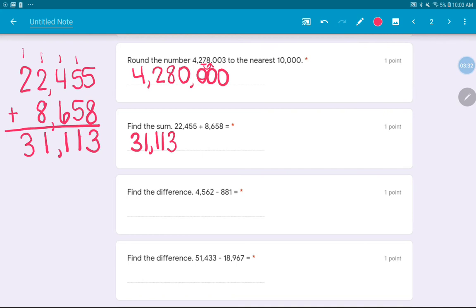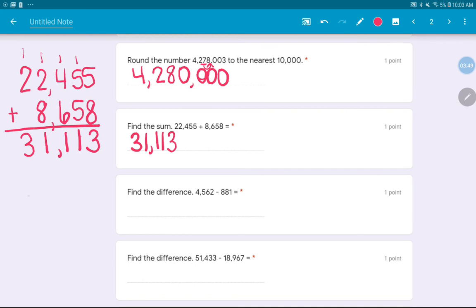We're not multiplying, we're finding the difference, so we're subtracting. How are we going to do that, Christopher? We're going to subtract. Okay, so what do I do? How do I solve that?